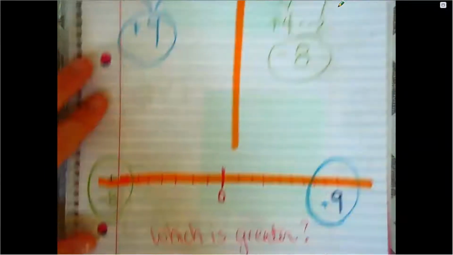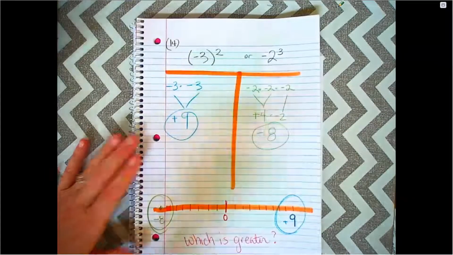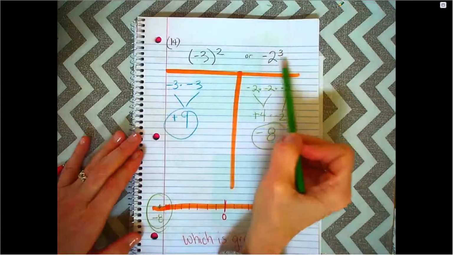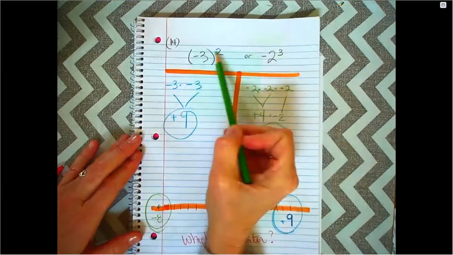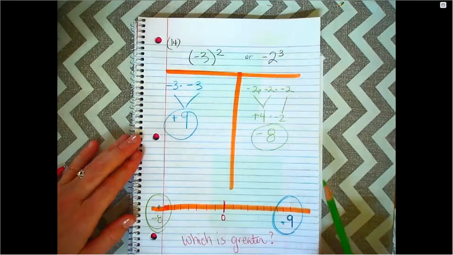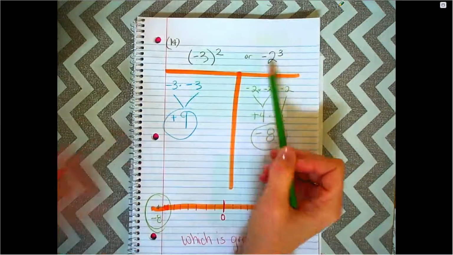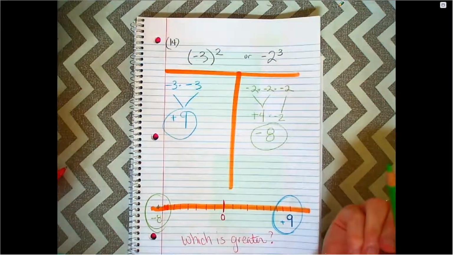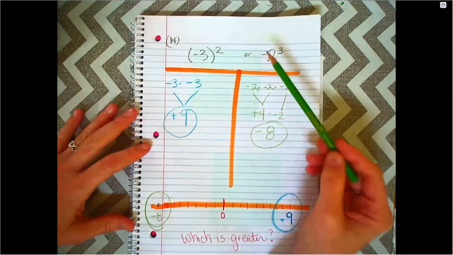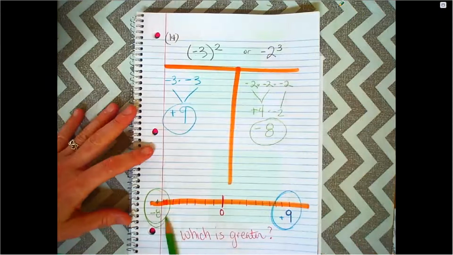I can look at this exponent and think, oh, well, yeah, that's going to be bigger, but it's actually not. So thinking about how negative numbers behave when they're multiplied by each other is very important. Any questions on number 14?